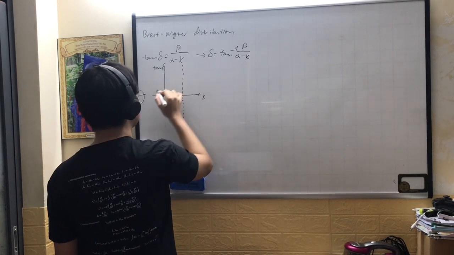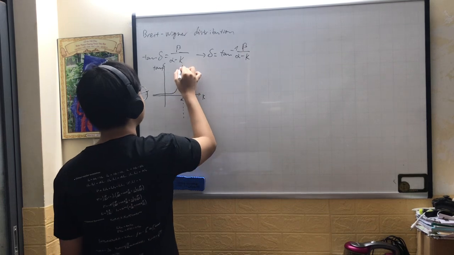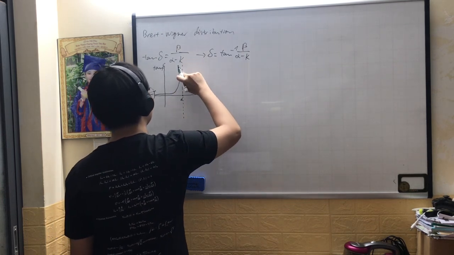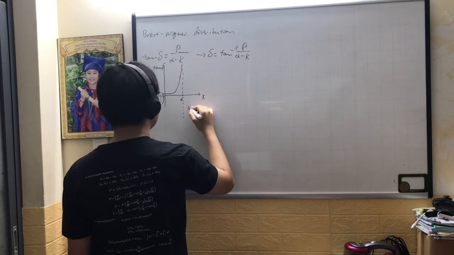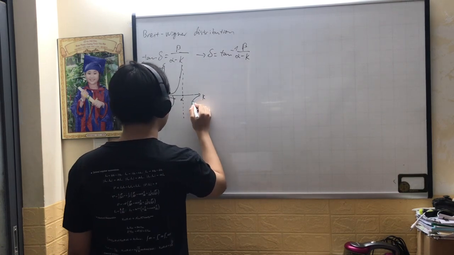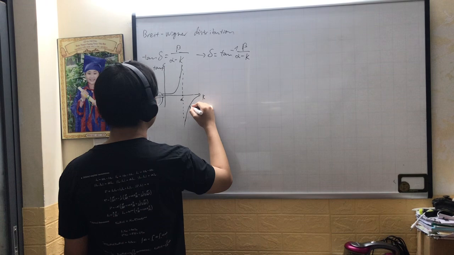And it's gonna go like this. This is gonna kiss the line A, or alpha, and here it's like this.